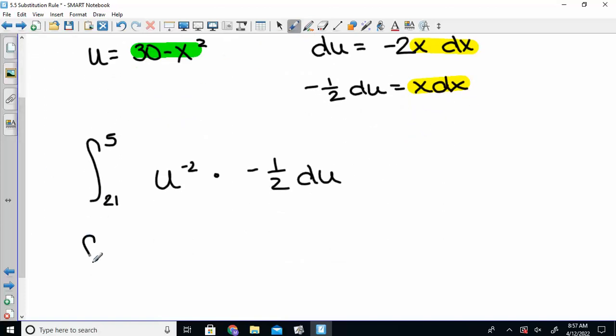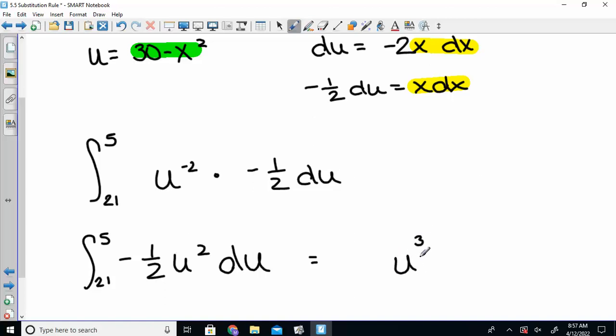So now everything is in terms of one variable. So we have a negative 1/2 u to the negative 2 du. So now we can integrate. Negative 1/2 u to the negative 2, so that would become a u to the negative 1. You'd have to put a negative in front, times negative 1/2 is positive 1/2. We're integrating from 21 to 5.